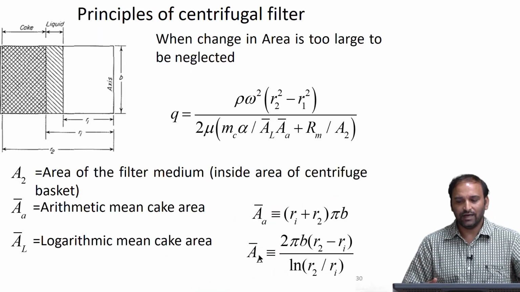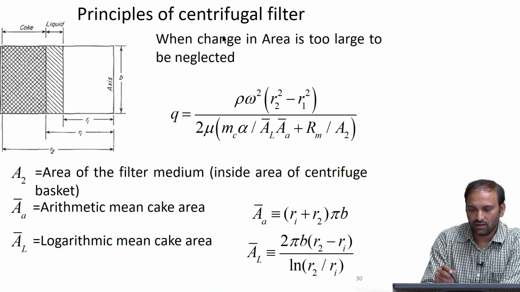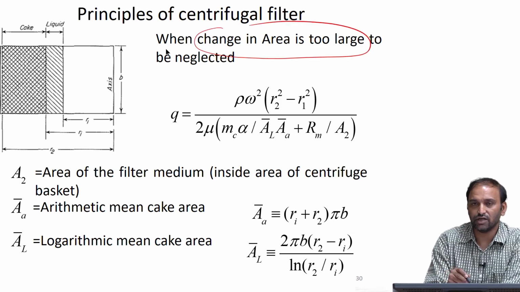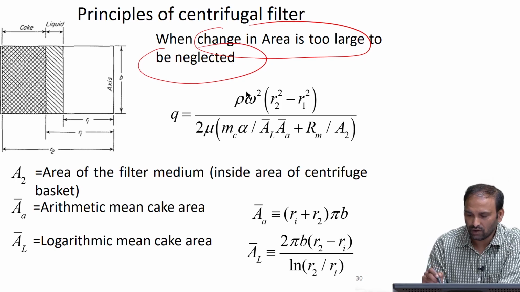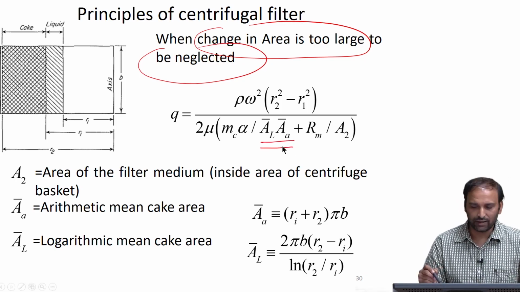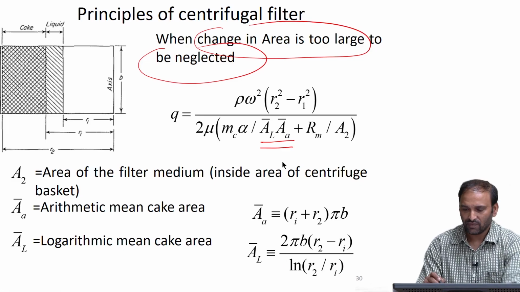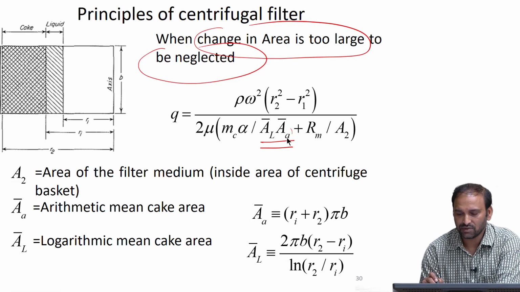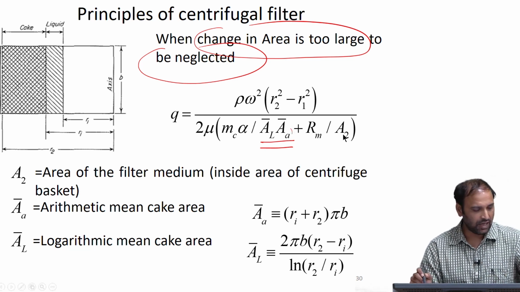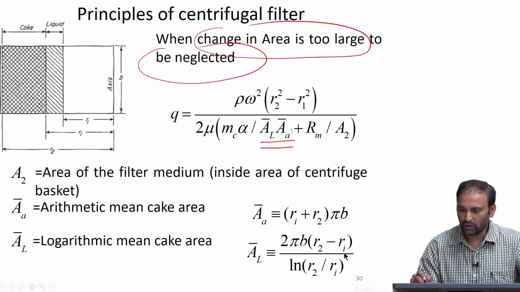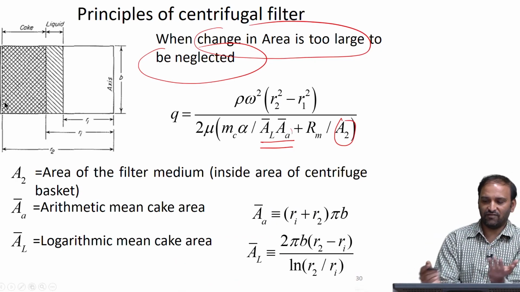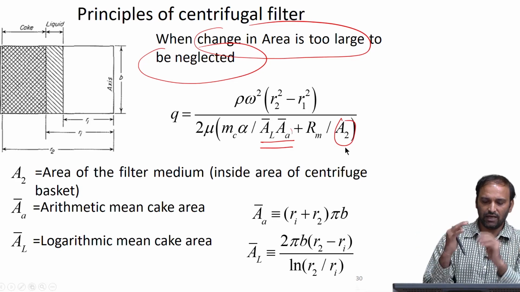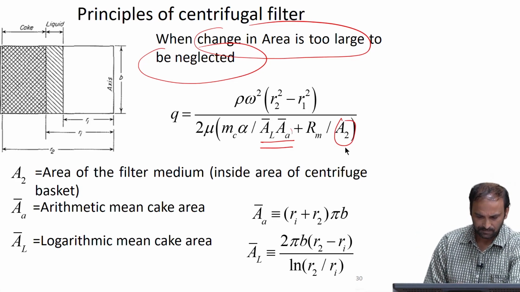However, if the change in the area is too large and you cannot neglect it, all you have to do is replace this A square that you had here with AL bar times AA bar, and the A that you had here with A2, that is the inner area of the drum available for filtration.